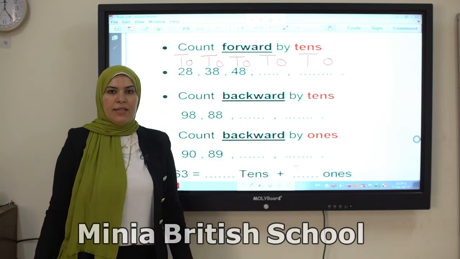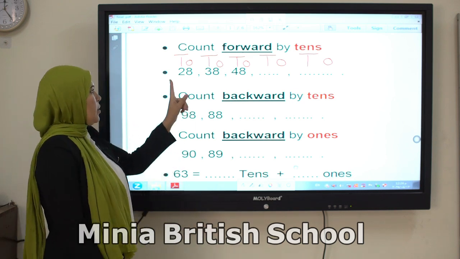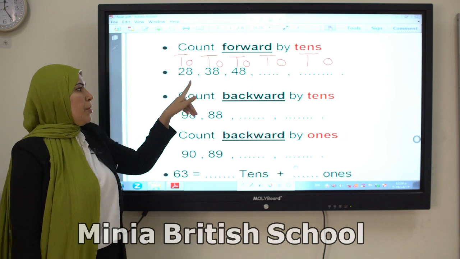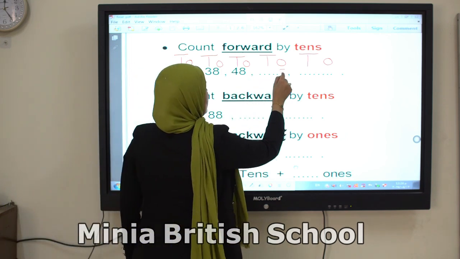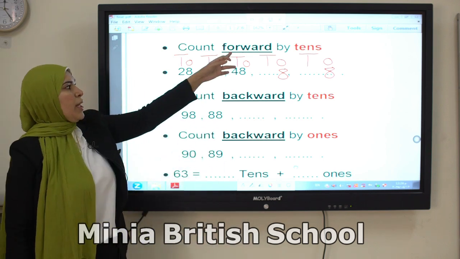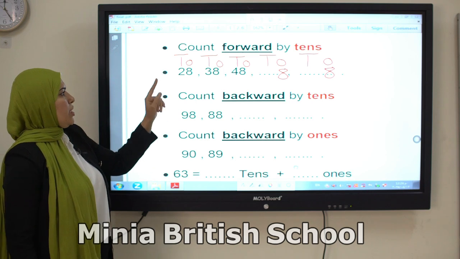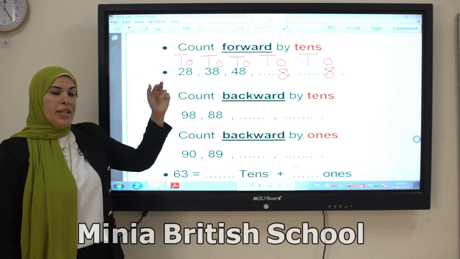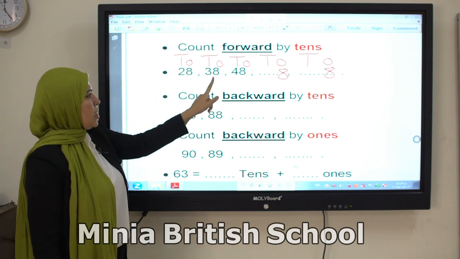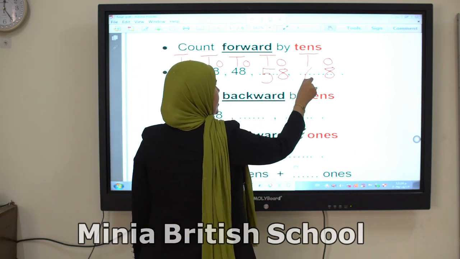Okay, and the second step, which number will be the same number? The number in ones. Okay, so in all ones, write number 8. Okay, the third step, look at the title again. Here I will count forward or backward. I will count forward. Okay, so here let's count forward in tens. 2, 3, 4, 5, 6.